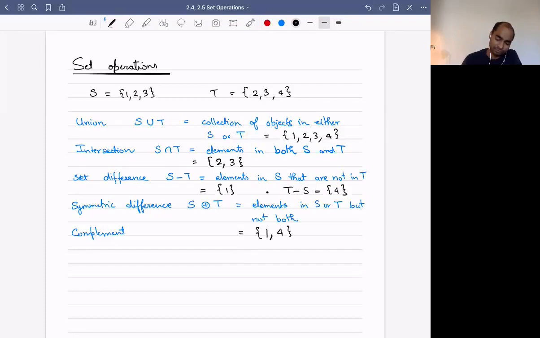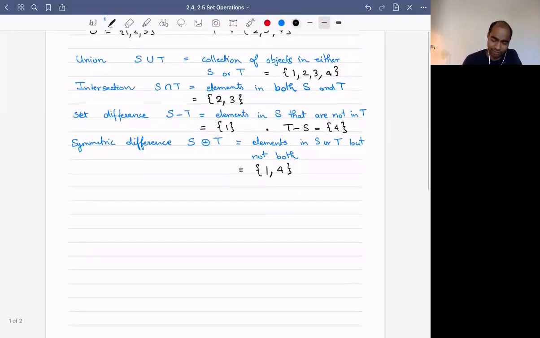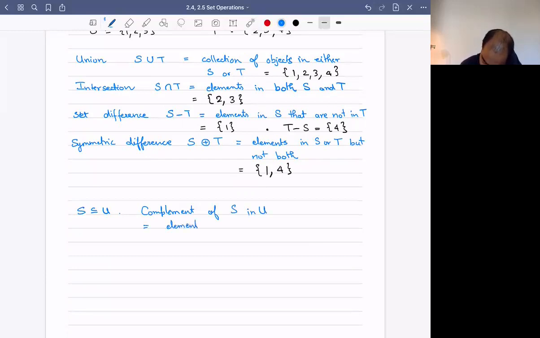The complement. So here I need a subset. So I cannot talk about complement for S and T. If S is a subset of U, the complement of S in U is the elements of U that are not in S. So let's do an example.